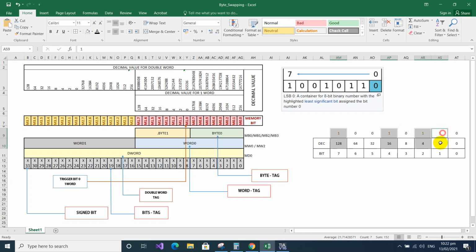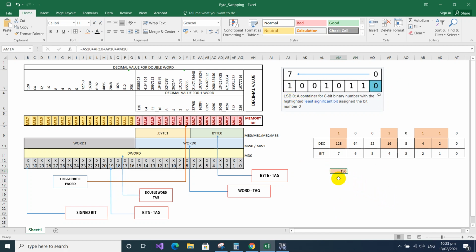So we will add all these, those only having 1. Okay, so here's your decimal value for this binary number.